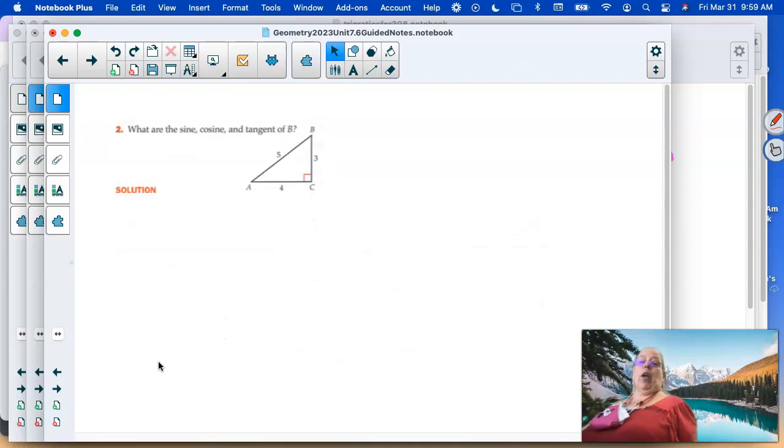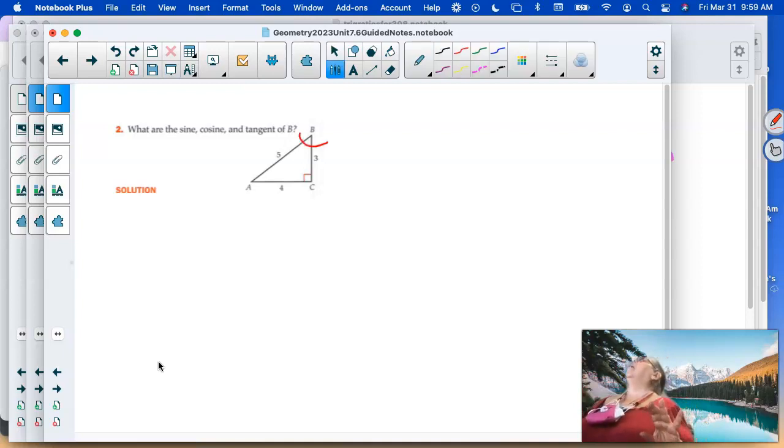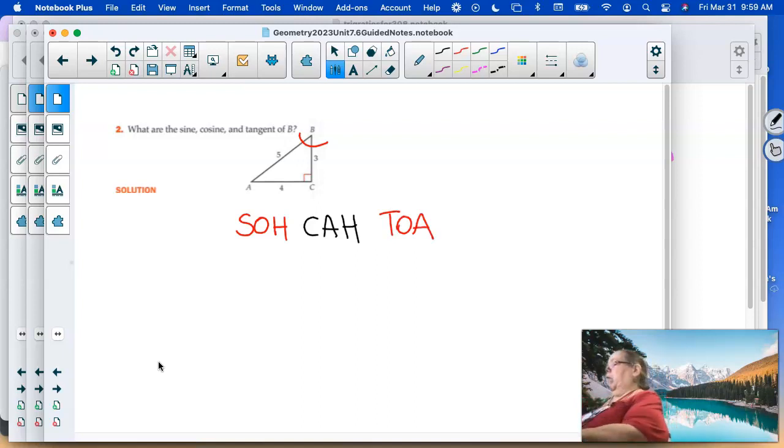Now we're looking at angle B. Before we looked at angle A, now we're looking at B. I'm going to write SOHCAHTOA again.